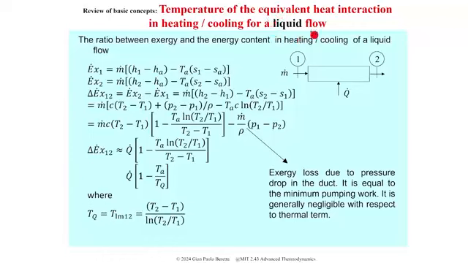For example, if we are using a liquid, so this slide is for a liquid. As I said, the enthalpy change is equal to C, the specific heat, times the temperature change plus the specific volume times the pressure change. You can also write that as 1 over the density times the pressure change. And the entropy change is C times the log of the ratio of the two temperatures.